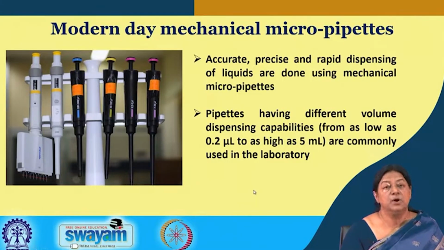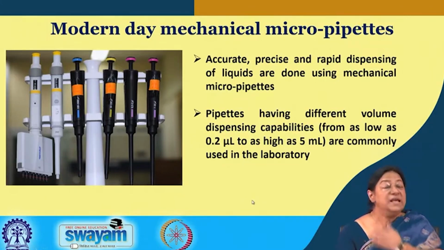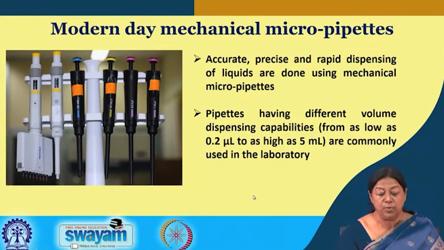These are the ones commonly used in the laboratory for dispensing biochemical samples, which are usually less available, in the sense that the volumes that we need are very minute.